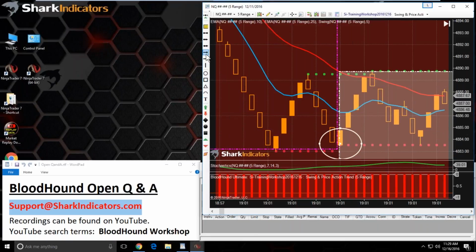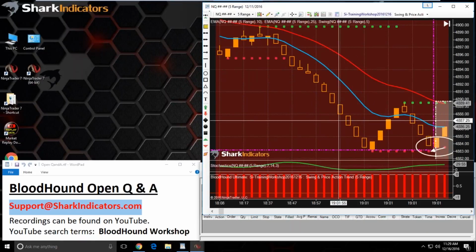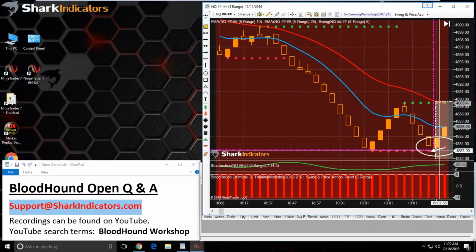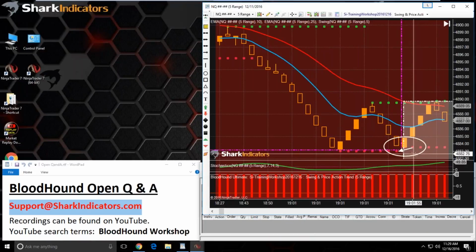So what we're trying to identify is when the swing low moves up, right? So when we get to this bar, well, remember the swing indicator backpaints, so it's actually going to be a couple of bars back here. Let's see, 1, 2, 3, 4, 5. Yeah, I think this would be correct.